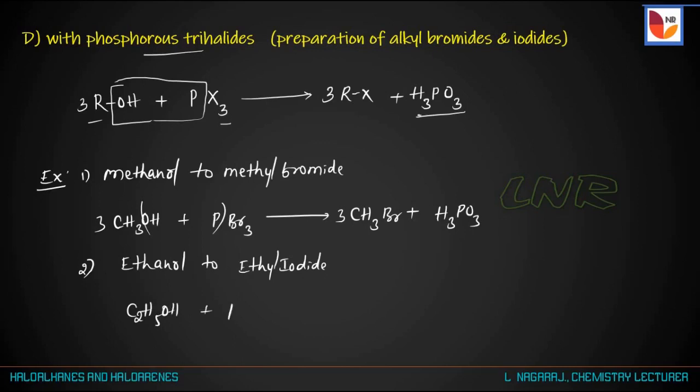When the ethanol reacts with the phosphorus triiodide, so it gives the product that is C2H5I plus H3PO3. That is, when the alcohols react with the phosphorus trihalides, the obtained product is haloalkanes and the byproduct is always H3PO3.